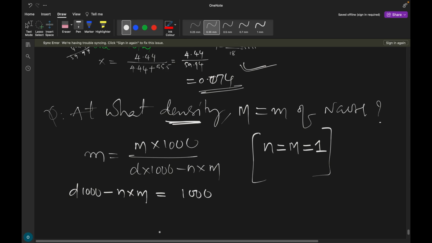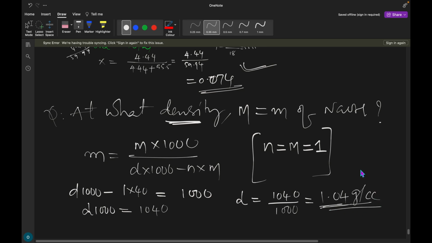Correct? Right. So as both are the same, n here will be 1. Sorry, if we plug in these values directly, the answer comes. So my molarity is 1 into 40. Solve it and you will get the answer. So density into 1000 equals 1040, correct. So density equals 1040 by 1000, which is 1.04 grams per cc. I wrote my question as well: at what density the molarity and molality both will become equal to each other.